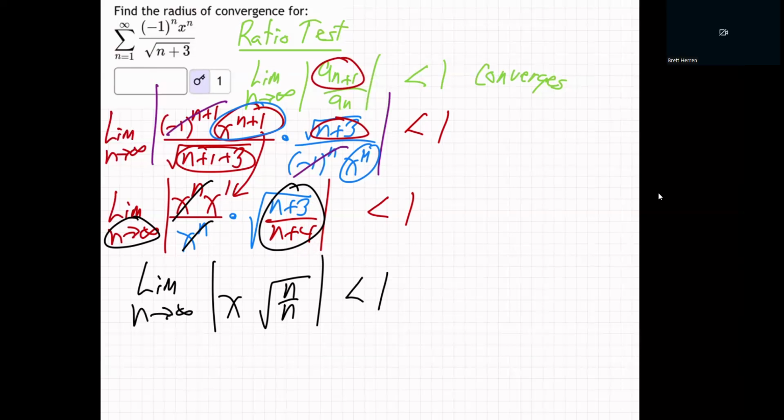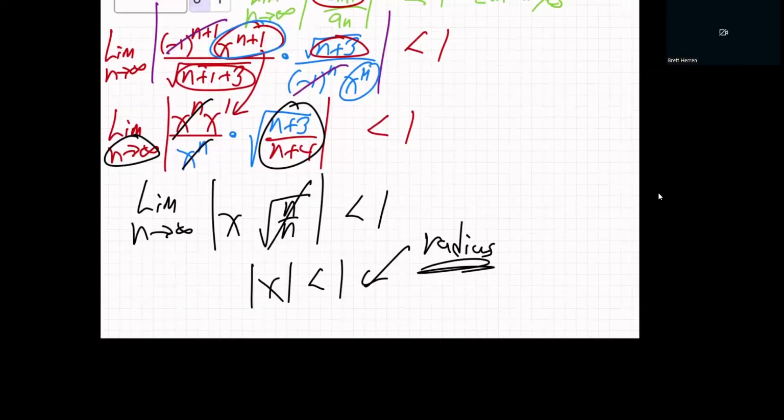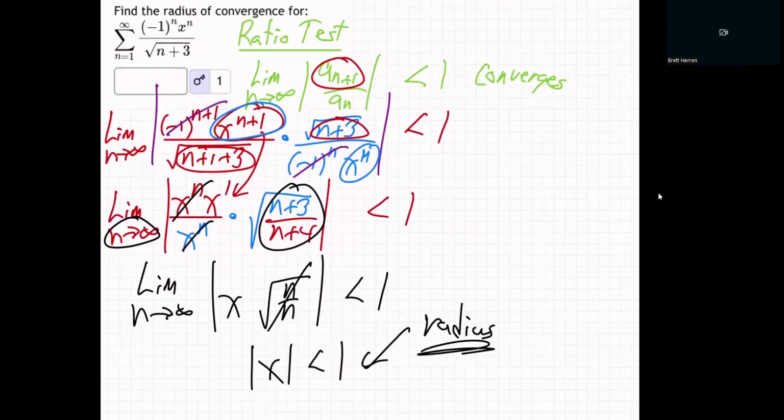So therefore, that square root is just going to be 1. So the absolute value of x is less than 1. That's our answer, what we call the radius of convergence. You might wonder, why do we call that radius? Because if you look at a number line and put 0 in the middle, x can be anywhere in this zone.